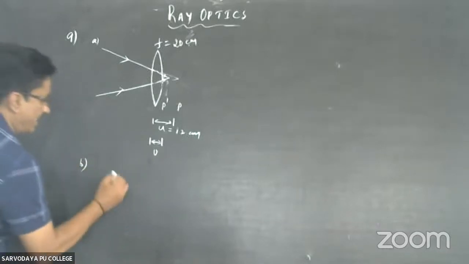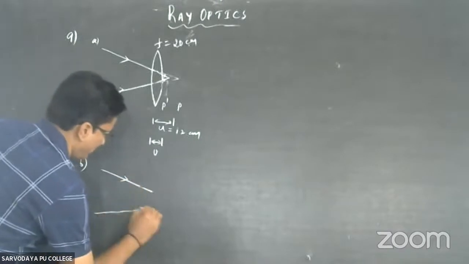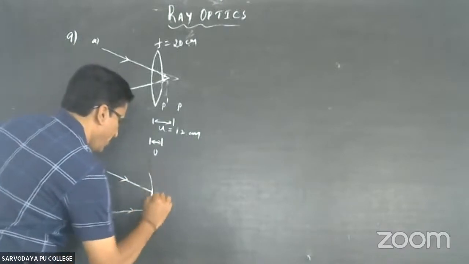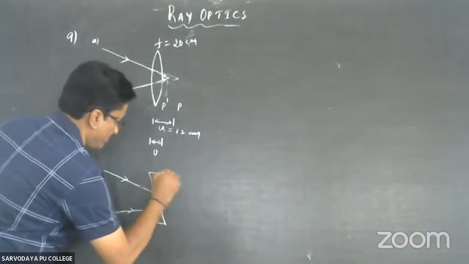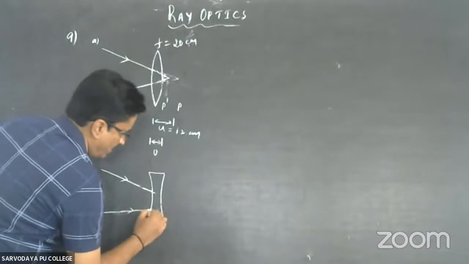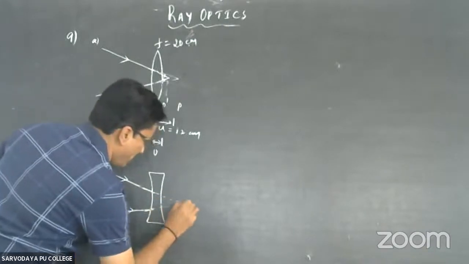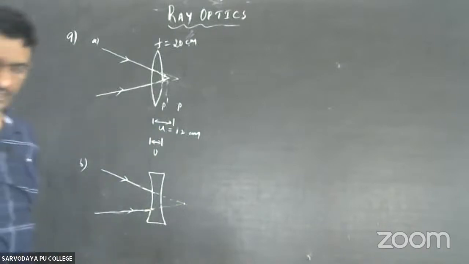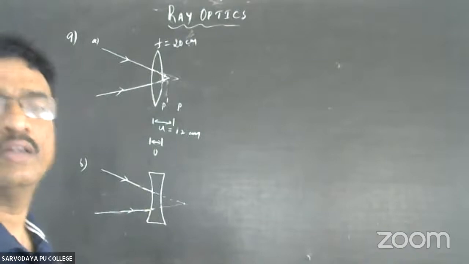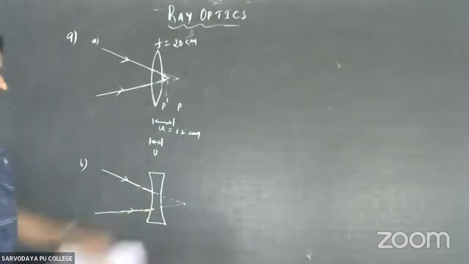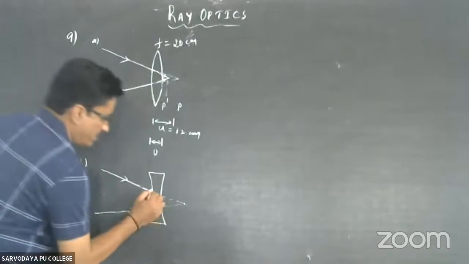But in the second case, they are introducing a concave lens in the path of the light. In the absence of this concave lens, the rays would converge here. Already you know the lens here is the concave one, which is a diverging lens.